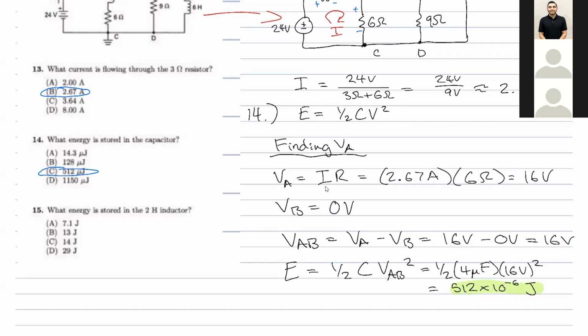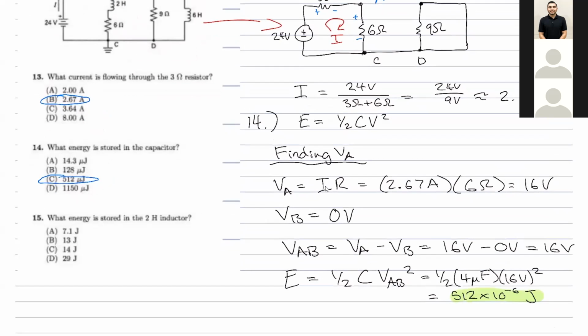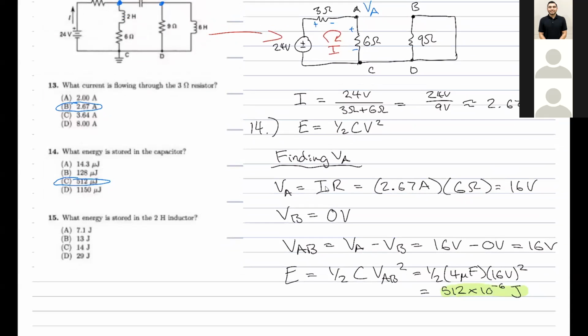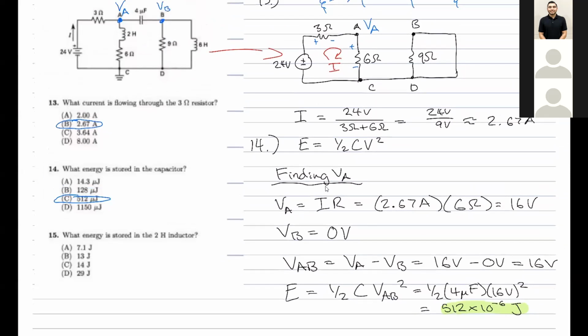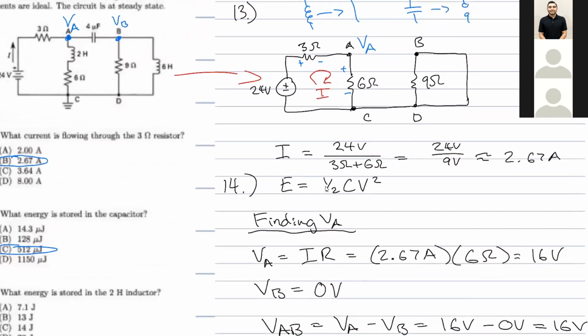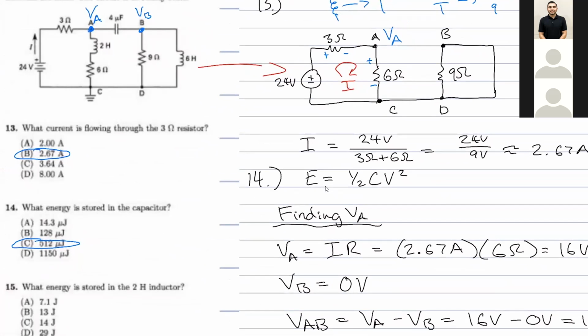Question? Yes. What happened to the 3 ohm resistor? For VA, how come we don't take into account the 3 ohm resistor? Because we're looking at the voltage, the potential from this node to ground.